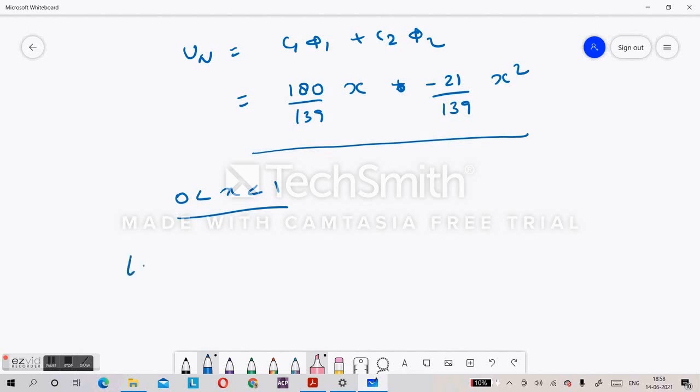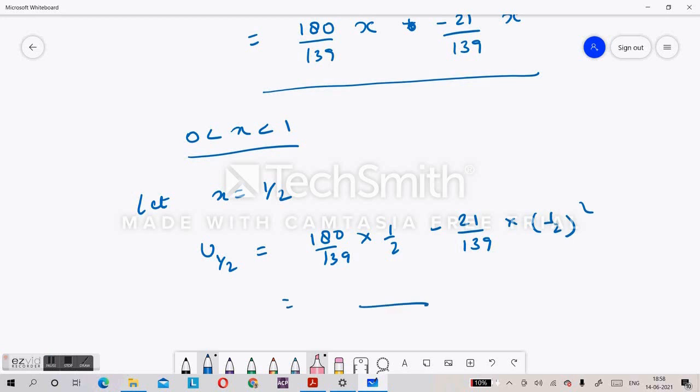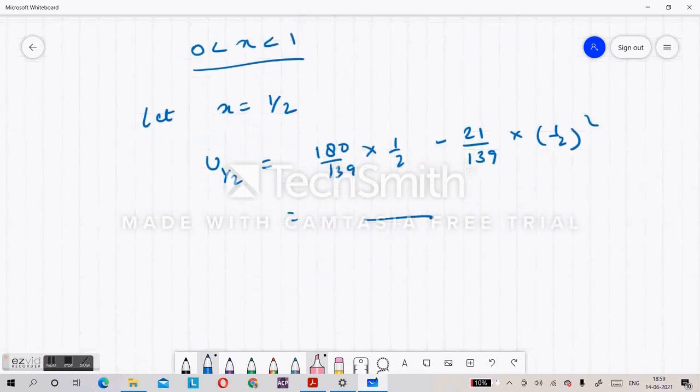Here we can find the values of un at different values of x. We are finding the value of u for x equals 1 by 2. So u at 1 by 2 will be 180 upon 139 multiplied by 1 by 2, minus 21 upon 139 multiplied by 1 by 2 whole squared. So we will get the value of u at x equals 1 by 2.